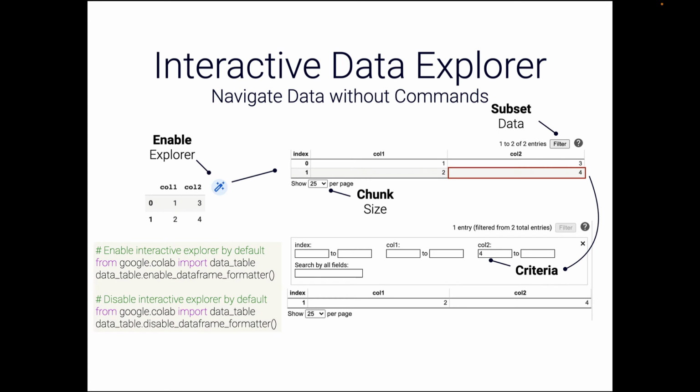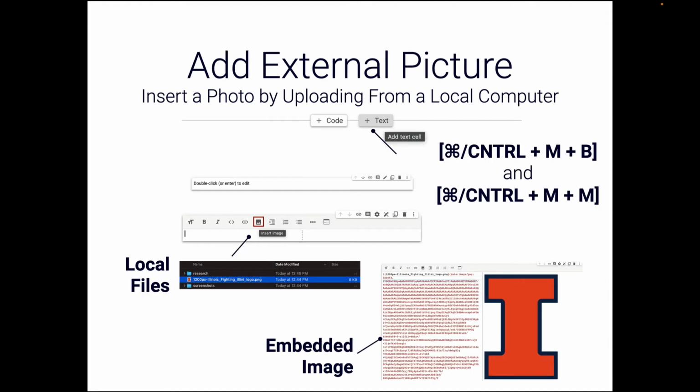Going a little bit further, you also are able to interactively sort of navigate the data without using any kind of subset commands. So here we're able to sort of filter the data by specifying a lower bound to column 2. So this gives us just the first or the second row inside of this 1, 3, 2, 4 table that you're seeing.